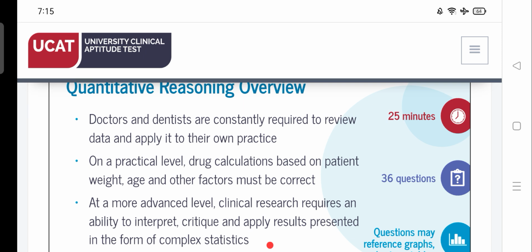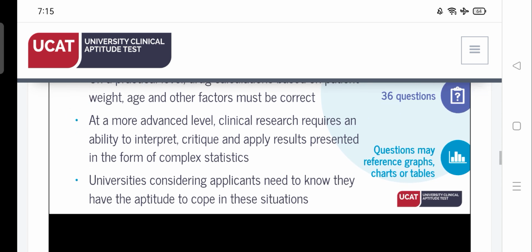So this portion will be important for doctors and dentists. They're required to review data for their practice. The drug calculation that is based on the patient's weight, age, and other factors, they can practice on these factors also. Universities considering applicants need to know they have the aptitude to cope in these situations.